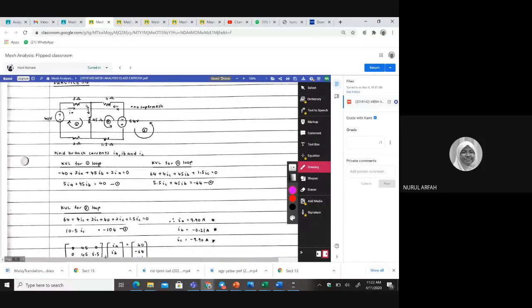Okay, this one also different direction. Tapi let me check. Minus 40, 3 IA, and then 45 IB. This is a safe way, still correct. And then 2 IA, so all correct. This one 64. Okay, good for the IC and 45 IB and 1.5 IC.